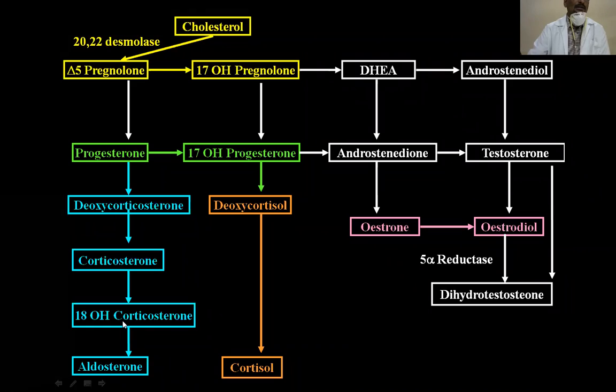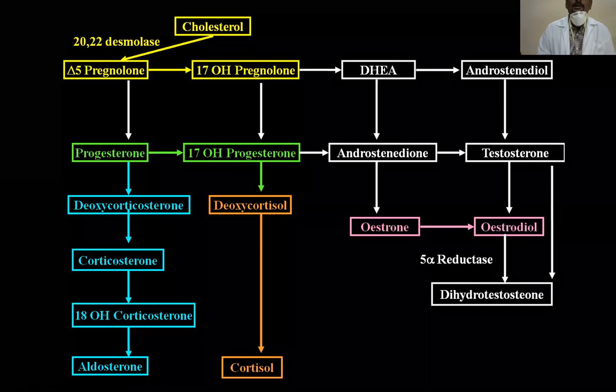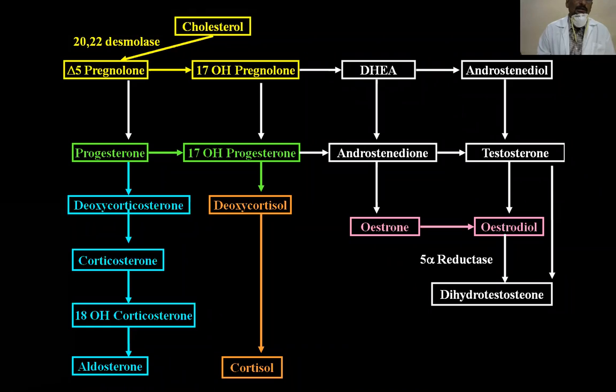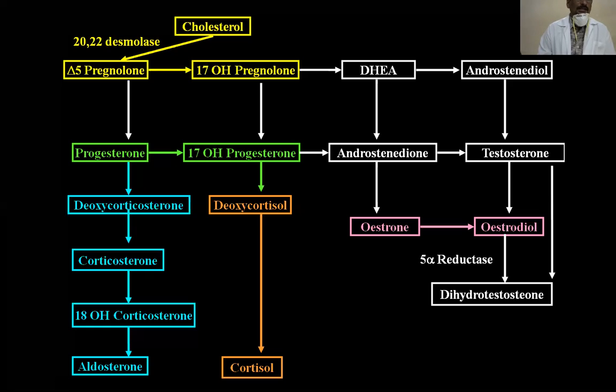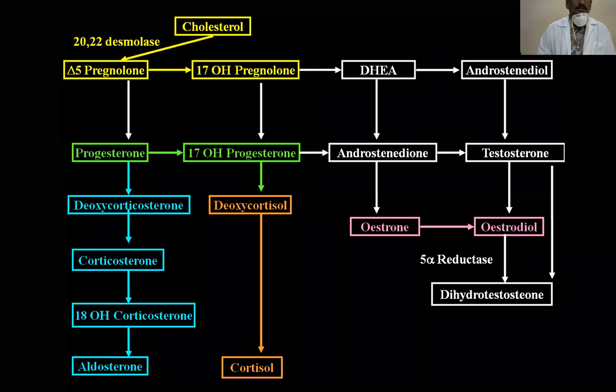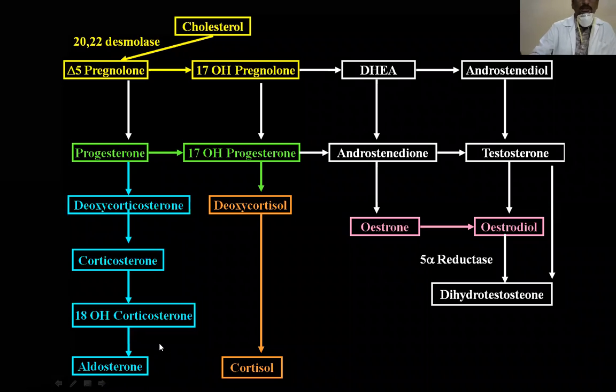Here, between corticosterone and aldosterone, the enzyme involved is aldosterone synthase, which is a mitochondrial enzyme of the cytochrome P450 oxygenase family, which helps in the conversion of corticosterone into aldosterone. This is the synthesis.